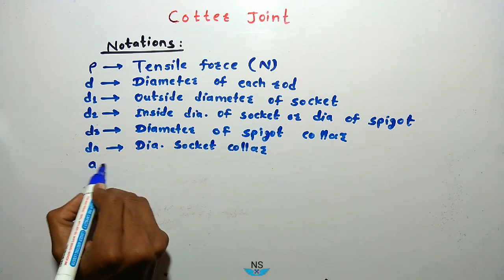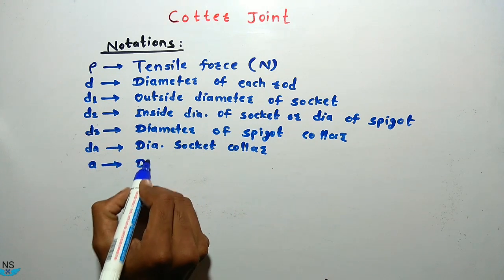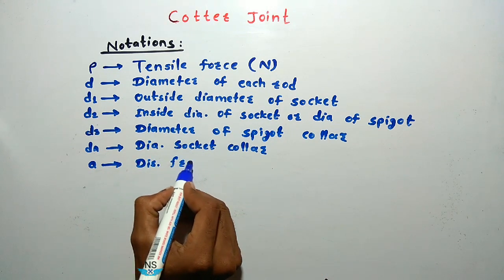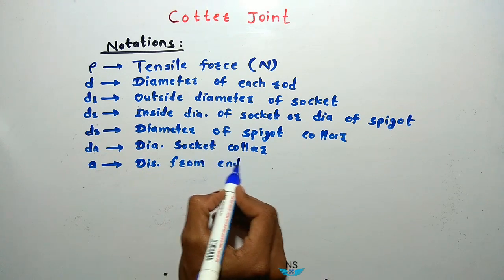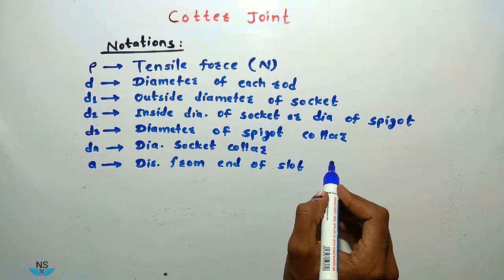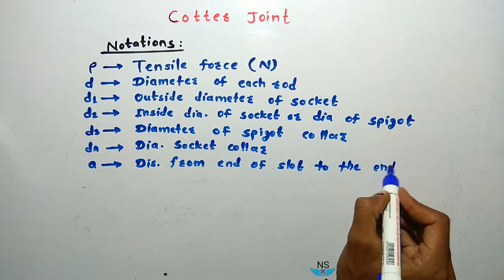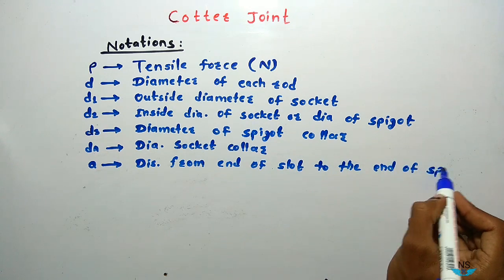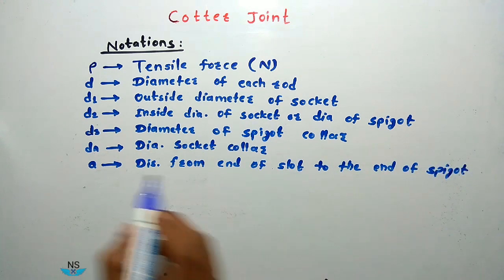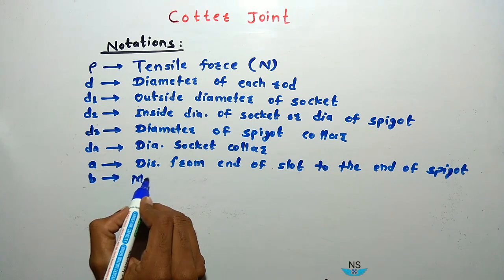Now a is the distance from end of slot to the end of spigot. B is the mean width of cotter.